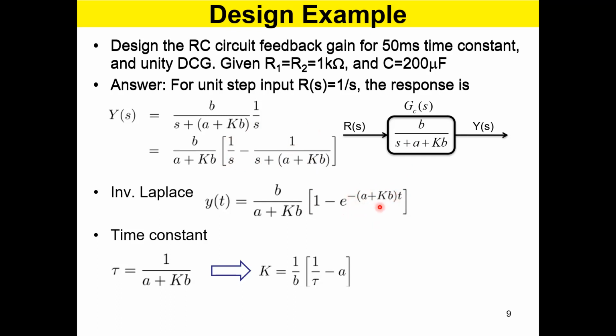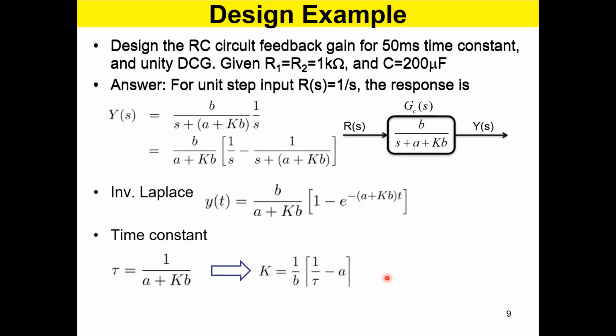In fact, the time constant is 1 over this exponent, the exponent is a reciprocal of time constant. So for this response, the time constant tau is 1 over A plus KB. Then you can calculate K out of this as 1 over B times (1 over tau minus A).